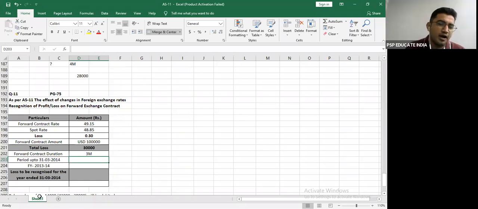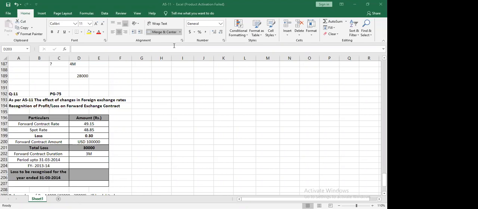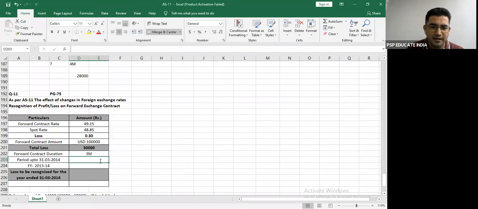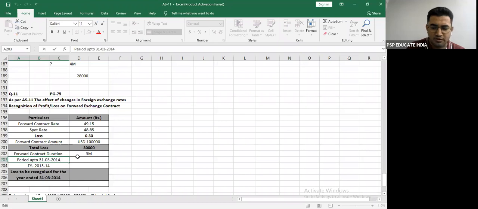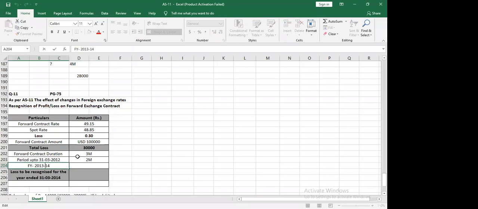Okay, very good. How much duration from 1st February to 31st March? 2 months. The period up to 31st March 2012 is how much? 2 months. Yes, 2 months.